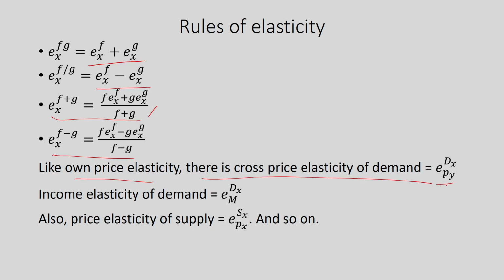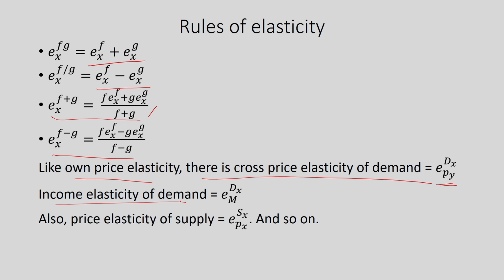For example, think about tea leaves and let us say sugar, right. If the price of sugar changes, it is conceivable that the demand for tea leaves can change. So, we can measure that also. So, this is given by E of D_x, p_y. Here the price and the quantity are of two different goods.